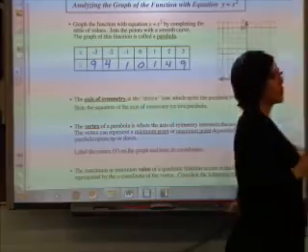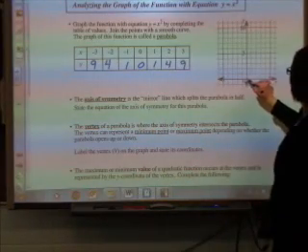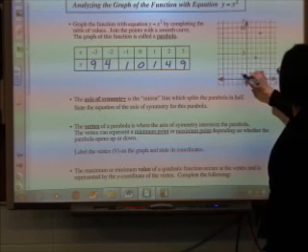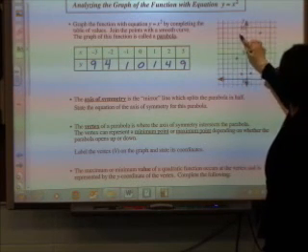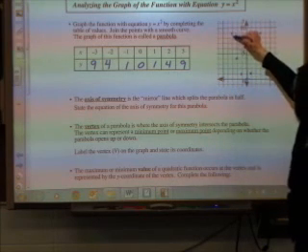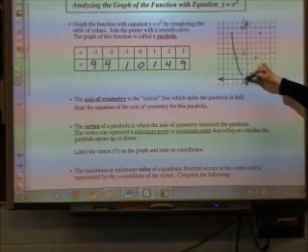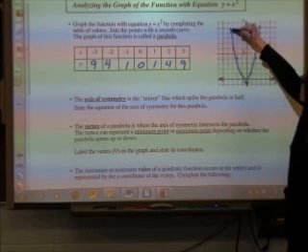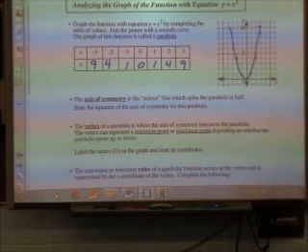So then when I go to graph this, I get this curve, which I can join these points together to give me this shape, which we call a parabola.